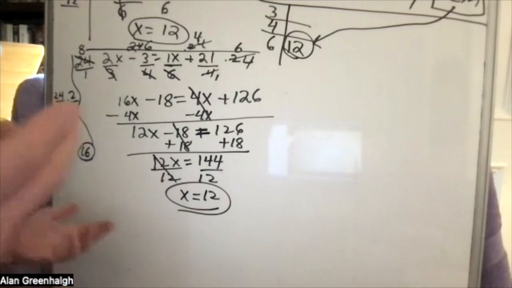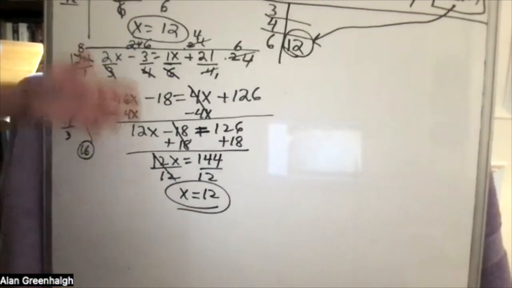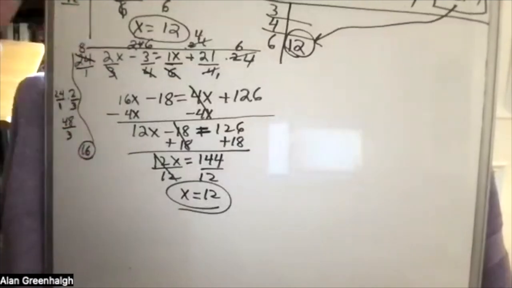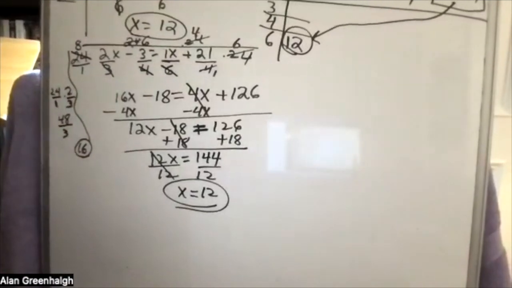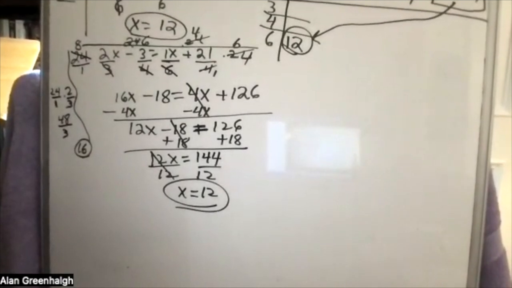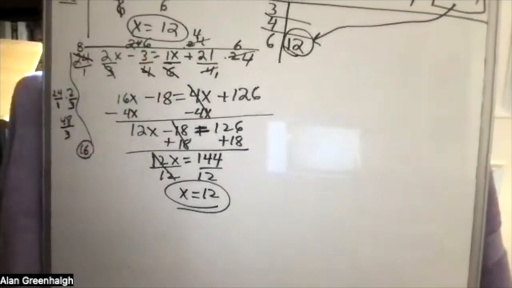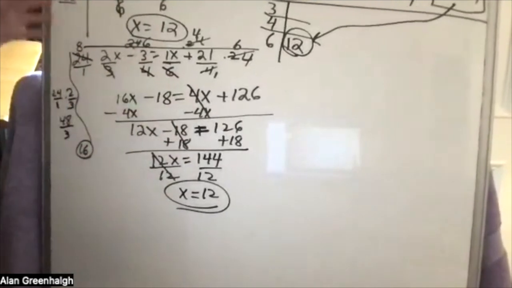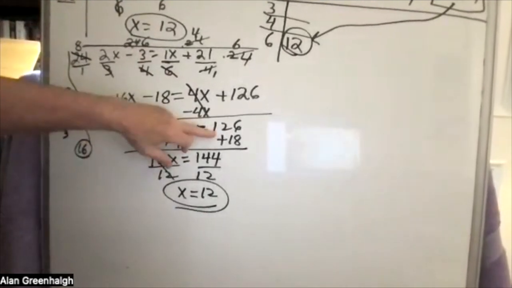I mean, somebody may have said, I don't like 12, I don't like 24, I want to use 48. Well, 48 will work because it's a common denominator or a common multiple, but it's going to be gigantic numbers. The bigger the numbers are, the more difficult it's going to be.